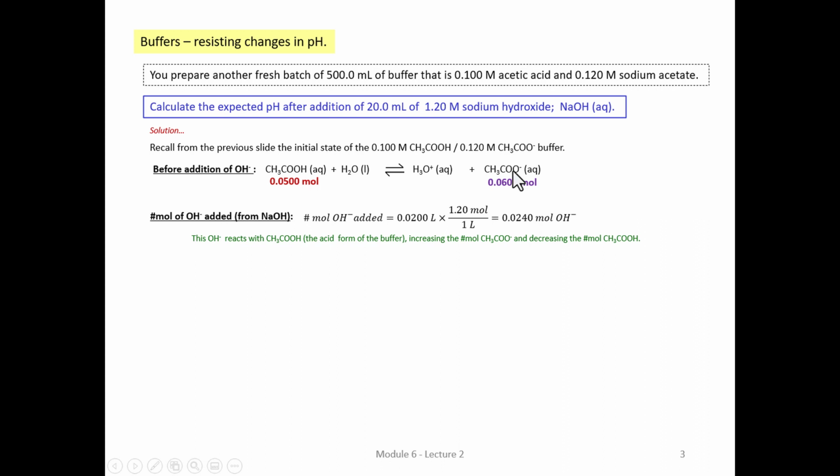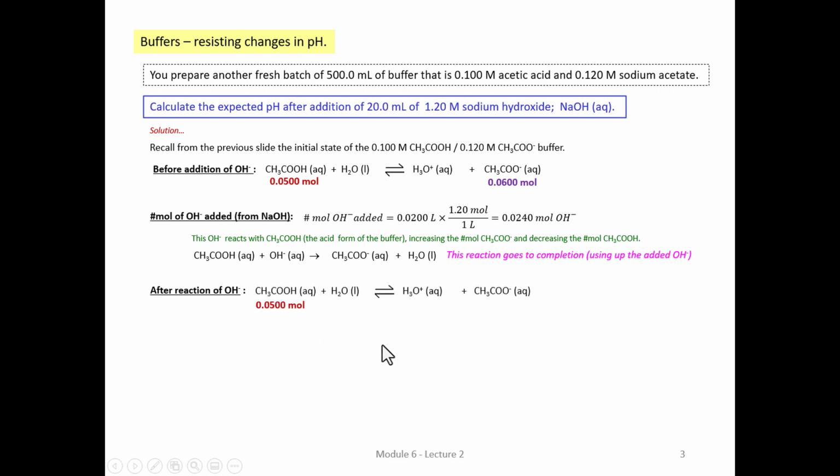So what we're going to have happen is number of moles of acid form is going to drop. The number of moles of base form is going to increase. And we wrote the reaction that we say goes to completion like this. So acid form being converted into base form from the addition of outside hydroxide. So after reaction with the hydroxide, what do we have left? Well, we wrote before hydroxide addition here.